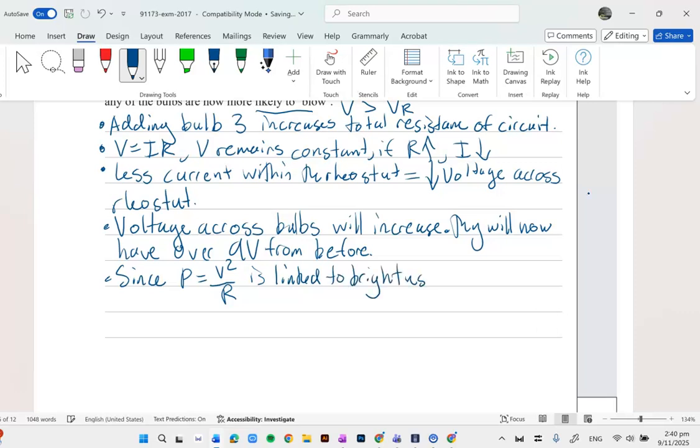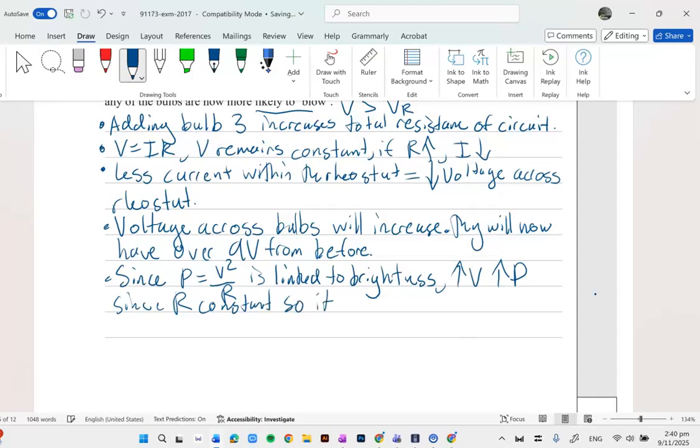I've only got a minute before the recording finishes, so I've got to be quick. The increase in voltage is going to increase the power, since the resistance of each bulb is constant.